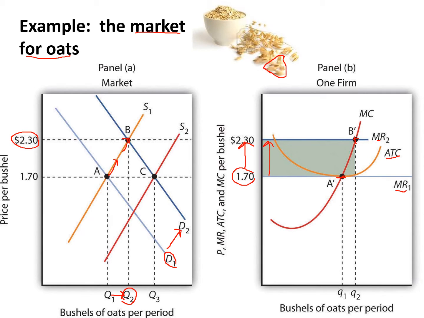So they increase their production to here. And this means that there is now a gap between their marginal returns and their average total costs. And that means that they will be making an economic profit in the short term.